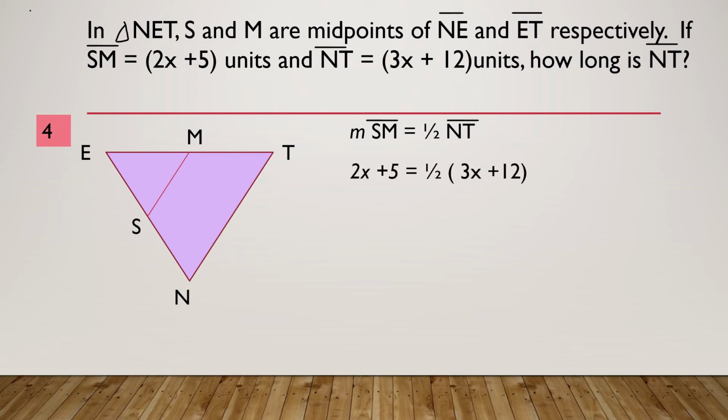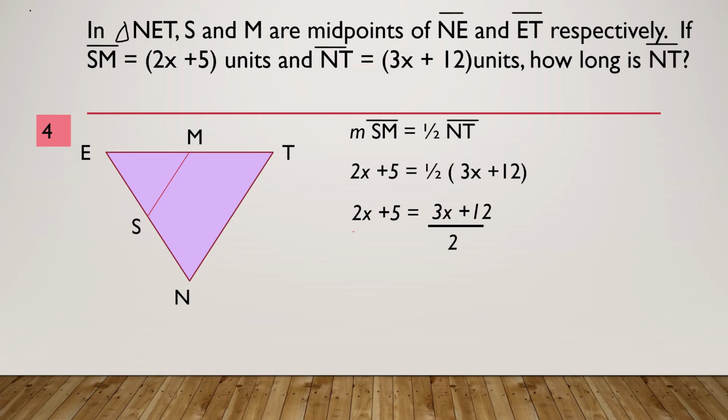So 2x plus 5 is equal to 1/2 of 3x plus 12. Now we have a fraction, so multiply the numerator, 1 times 3x plus 12, then divided by 2. So copy 2x plus 5, that is equal to 3x plus 12 divided by 2.